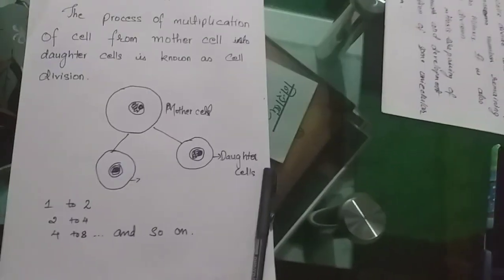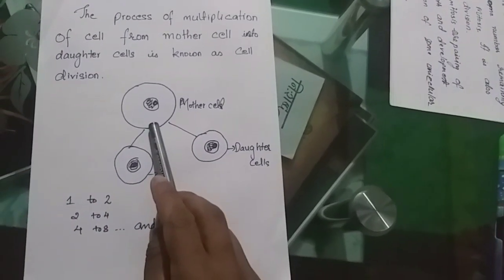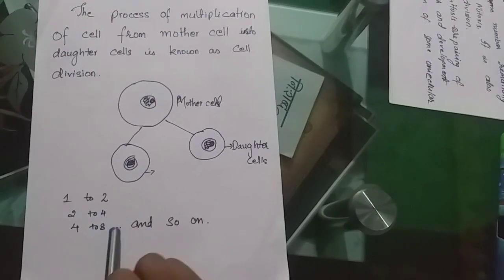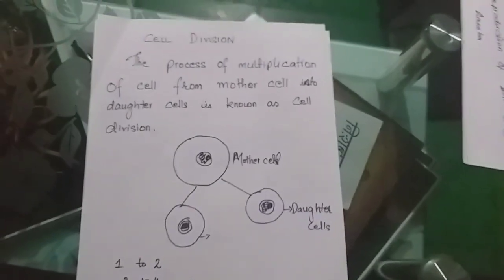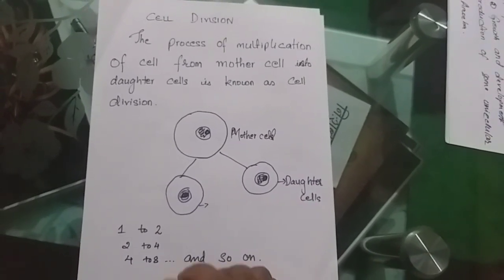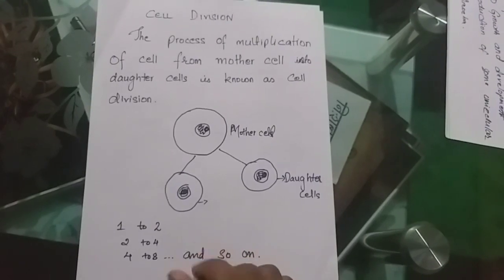So how does it multiply? During mitosis, two cells form from one mother cell. So 1 becomes 2, 2 becomes 4, 4 becomes 8, 8 becomes 16, 16 becomes 32, 32 becomes 64, 64 becomes 128. Similarly, it will go on and on.